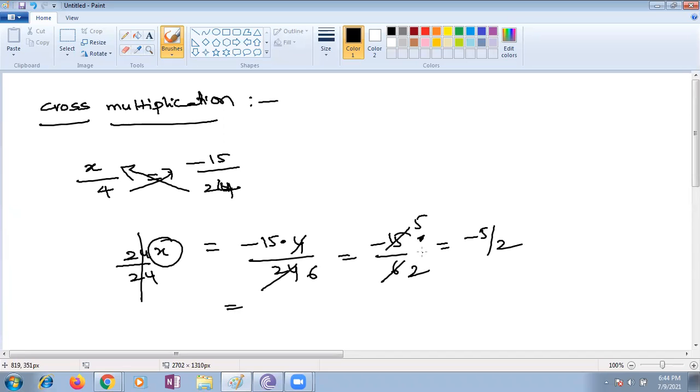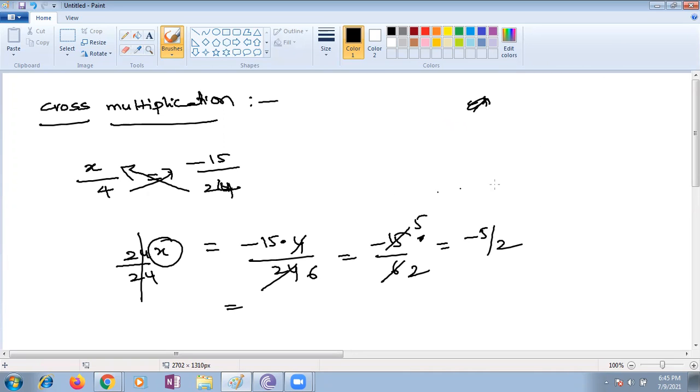Before doing 24 and minus 15 multiplied by 4, if I multiply minus 15 multiplied by 4, so it will be minus 60, right?